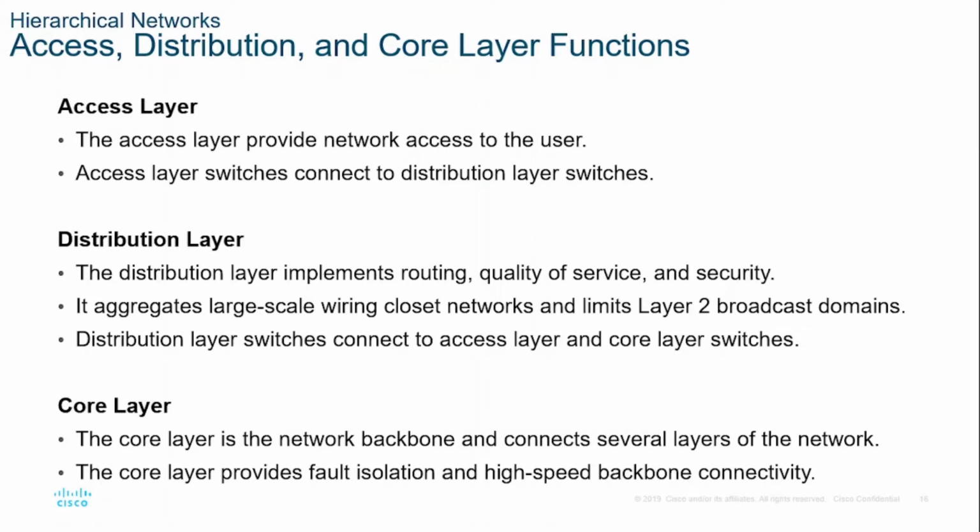Each layer can be seen as a well-defined structured module with specific roles and functions in the campus network. Introducing modularity into the campus hierarchical design further ensures that the campus network remains resilient and flexible enough to provide critical network services.